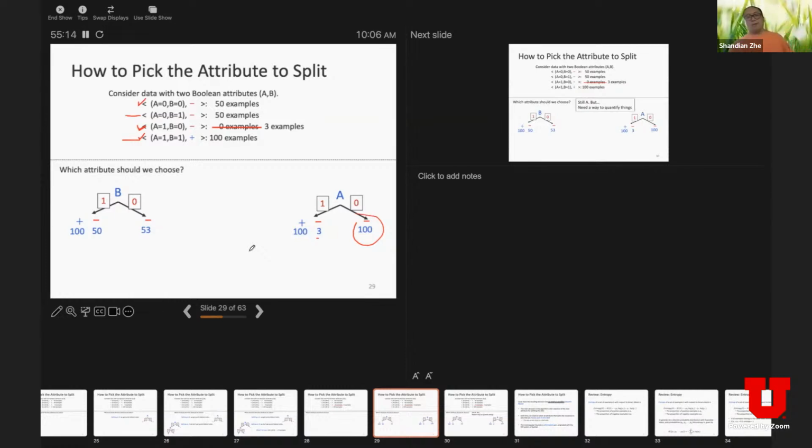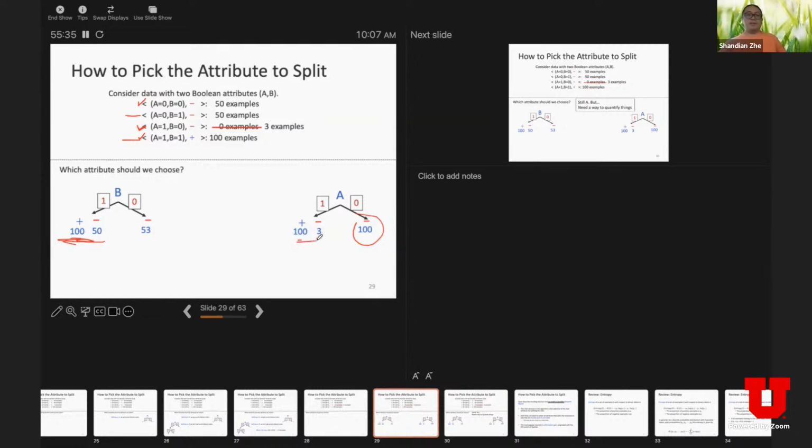So we can see that although using A and using B both end up with mixed subsets, the purity of the labels in A is still much higher than the purity of labels from using B, right?